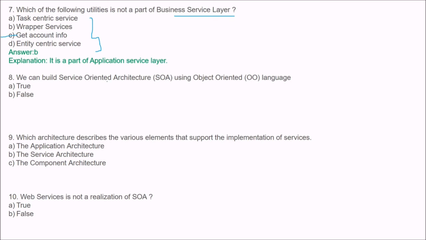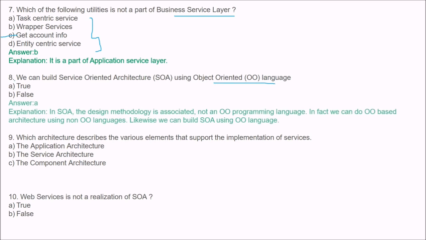Next is, we can build service-oriented architecture using an object-oriented language. Is it true or false? See, this is true. In SOA, the design methodology is associated, not an object-oriented programming language. In fact, we can build an object-oriented architecture using non-object-oriented languages also. Likewise, we can build SOA using an object-oriented language.